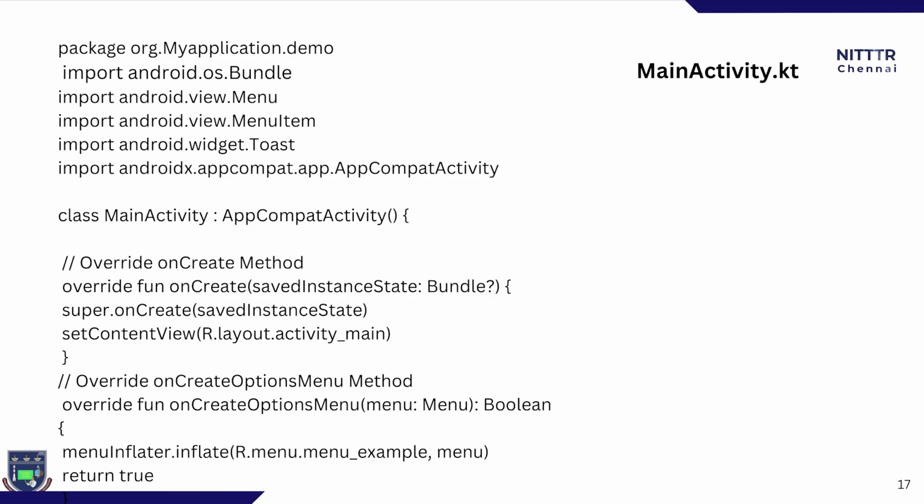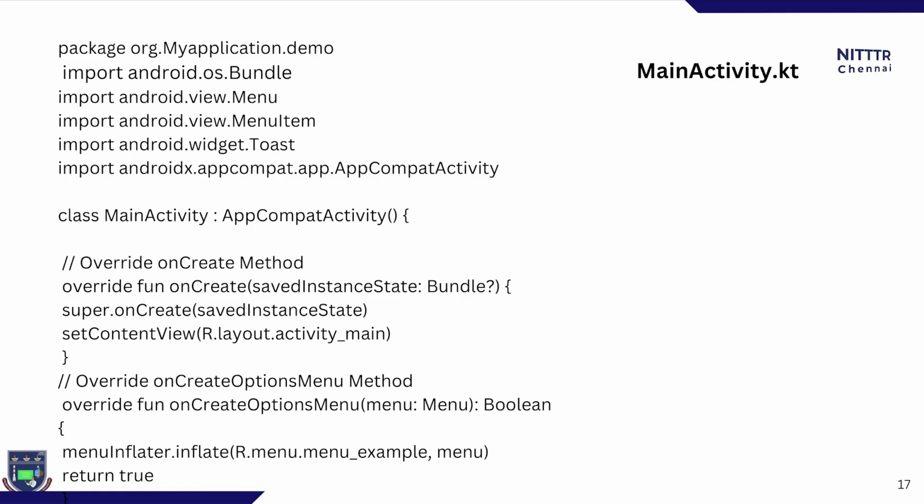Next, we have to declare our class, using the statement class MainActivity : AppCompatActivity. This declares MainActivity as a subclass of AppCompatActivity. At the same time, it inherits the lifecycle methods like onCreateOptionsMenu and onOptionsItemSelected.